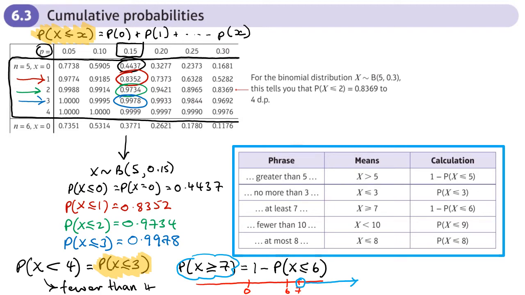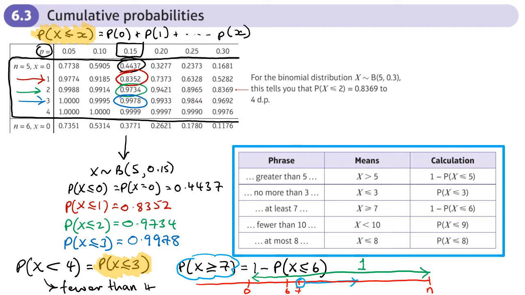So the probabilities from 0 all the way up to where n is on our number line, from there to there, they add up to 1. And I want to find the probability of greater than or equal to 7.